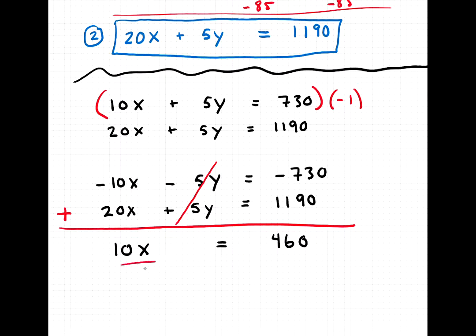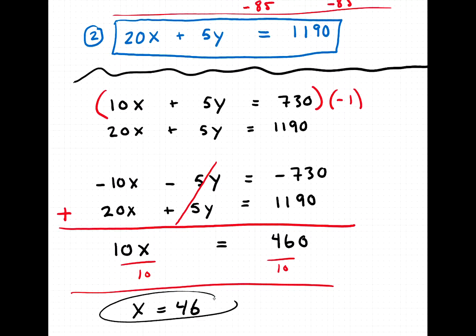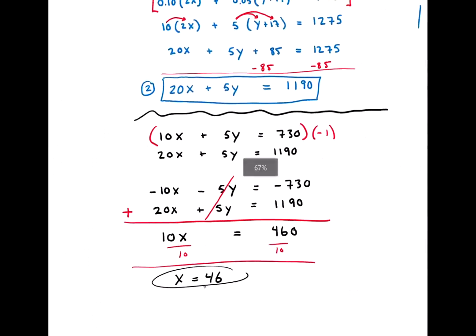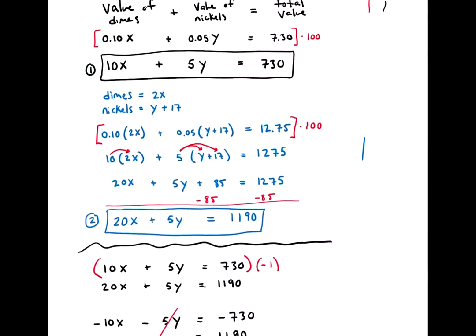And if we divide both sides by 10, we get x is equal to 46. Now, x represents the number of dimes, so let me zoom out a little bit so we can see more of the problem.